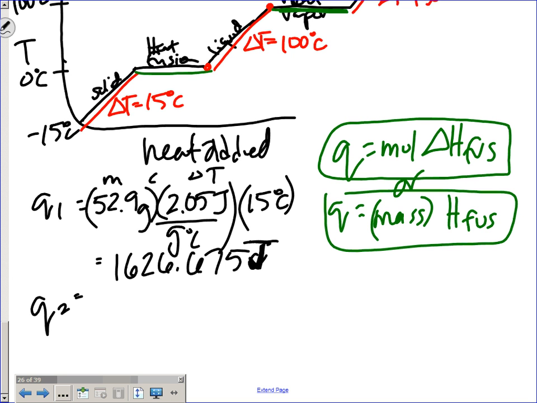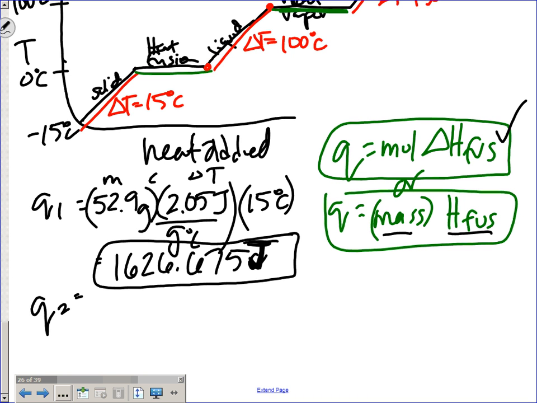So we have a little, 1,600-ish joules that's required to just get ice from -15 to 0. That's it. Then we have to undergo this heat of fusion. I'm gonna let you guys use either one of these, but for the simplicity of this problem, I'm not gonna take our grams to moles right now. You can use this one because this is how I showed you in your notes. But I'm also gonna let you use your reference table to see that the mass times H of fusion might be a little easier because it eliminates that one step of converting from mass to moles.